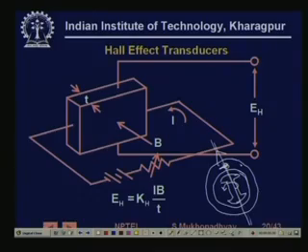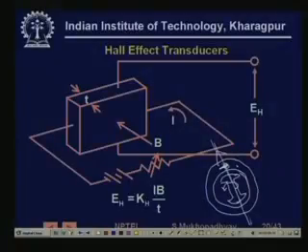This is widely used in industrial motor drives for sensing the rotor position. Whenever you get the voltage pulse, you know that this rotor has passed through a particular angular position, right. So this is the way the Hall effect sensor senses position.